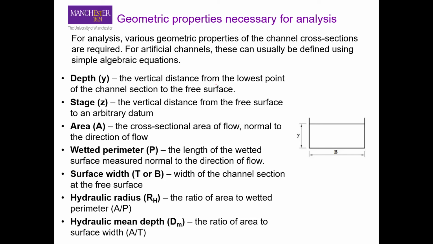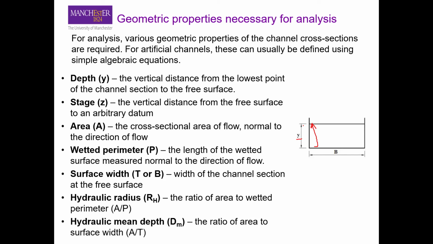Some of the geometry properties that we need for analysis of these channels are given here. The first term is what we call depth or flow depth. The flow depth is the distance from the lowest point, that is the bed of your channel, to the top surface. That is y in this case.